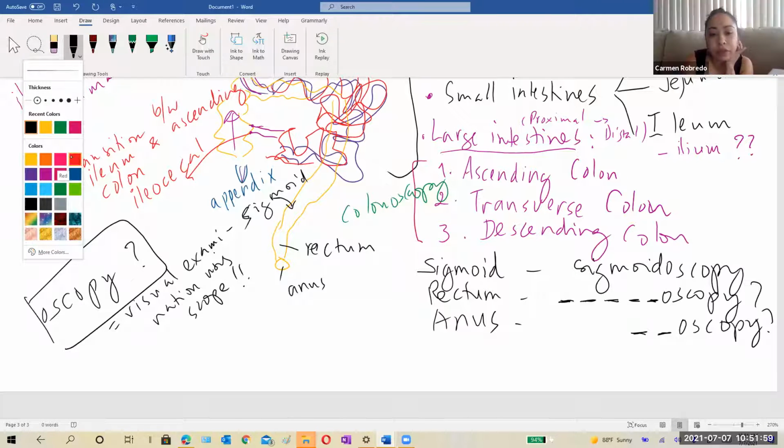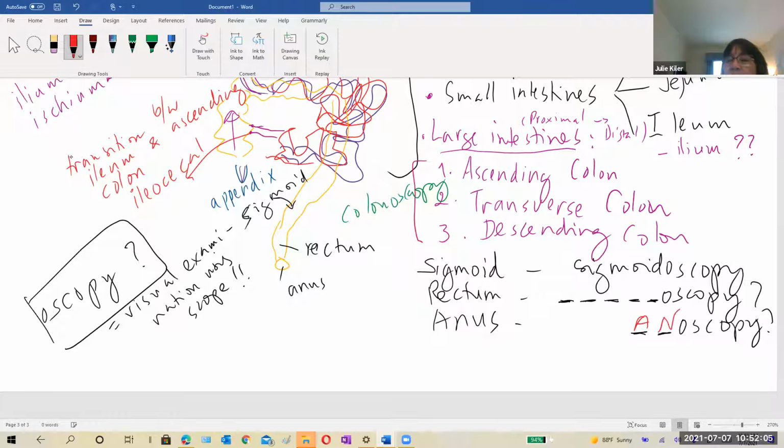So for the anus, is that anoscopy? Exactly. Anoscopy. Good. What about for rectum? Rectum, I thought it was also sigmoidoscopy, but I guess not. That's a sigmoid.